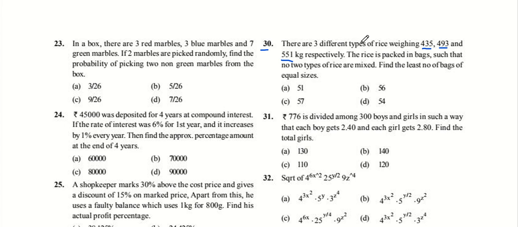That means the bag size should be such that this can be packed, this can also be packed, this can also be packed, so it should contain the feature of all these three numbers. So we first have to find the factor which can divide the first, second and third rice into equal weights. There should not be any fraction.